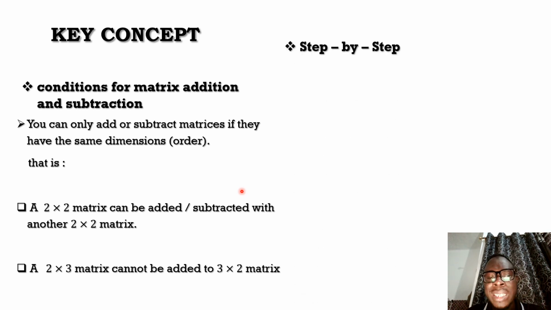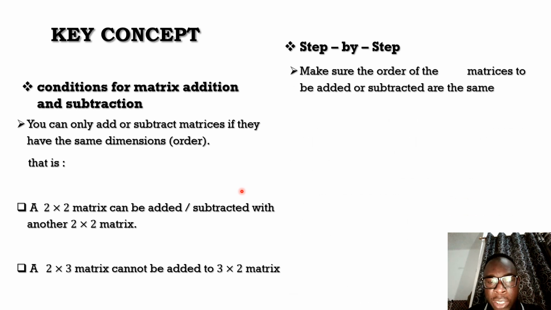Now, what is the step-by-step way of performing matrix addition or matrix subtraction? First step, we have to make sure the order or the dimension of the matrices to be added or subtracted are the same. If they are not the same, we cannot perform said operation.